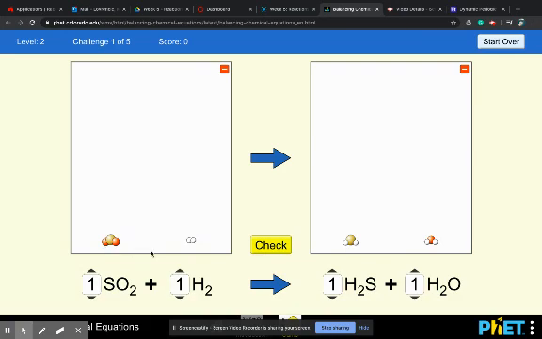So what do we want to do first? Well, let's just start somewhere. Let's start with the hydrogens first.